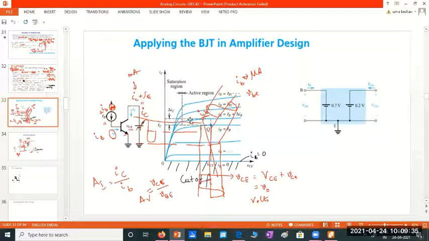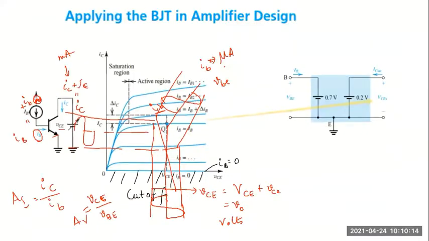An amplifier increases the magnitude of the given input signal, because this input signal which is given to the base should normally be in microamperes. Sorry, I was diverted. And the output current will be in milliamperes. Output voltage will be in volts.